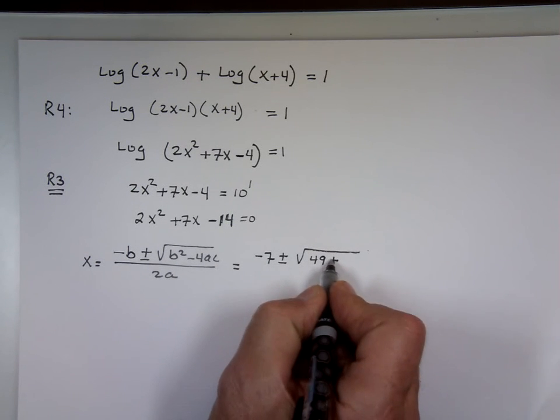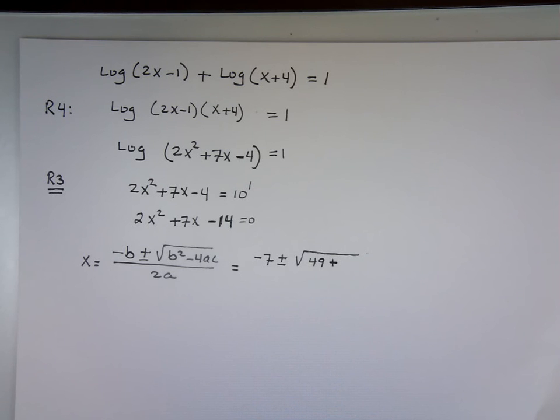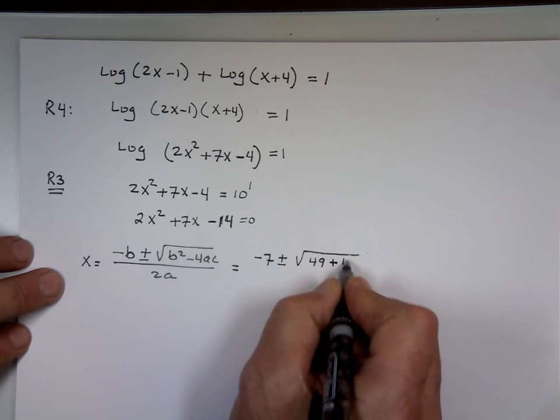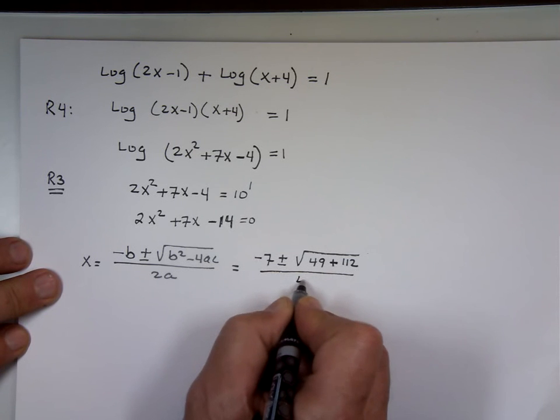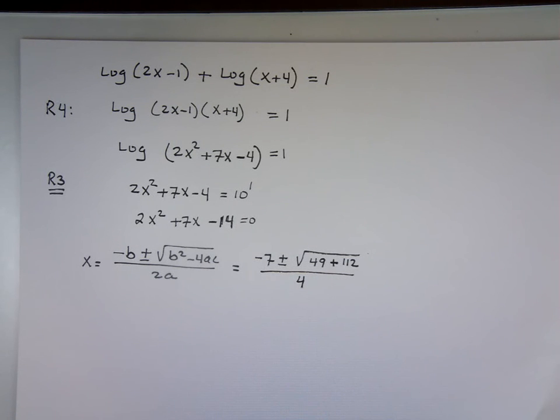4 times 2 times 14, that's 8 times 14, 112. Divided by 2 times 2, which is what? 4. 112 plus 49, 161.